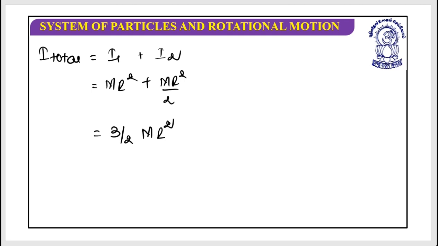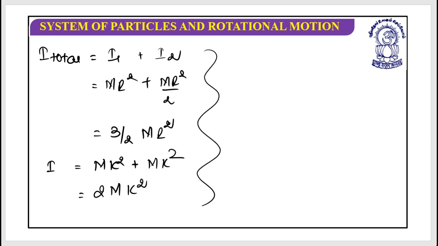And now my requirement was to find the radius of gyration for the system. So I need to equate this with not MK square but MK square plus MK square. This is the location where we tend to make a mistake. Please understand this very carefully: when I have two objects, I am going to compare this with 2MK square.